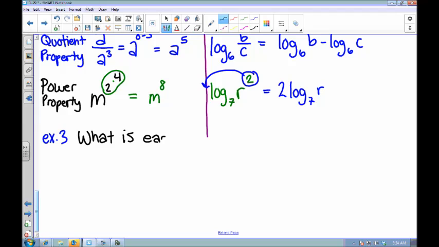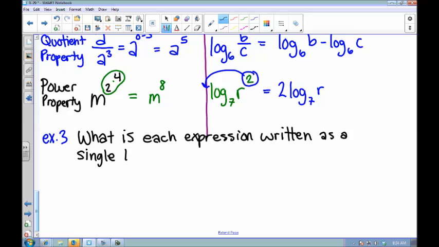What is each expression written as a single log? Yeah, if you put example 3 on the properties, you can say this is example 4, because I think I did say that it was example 3.